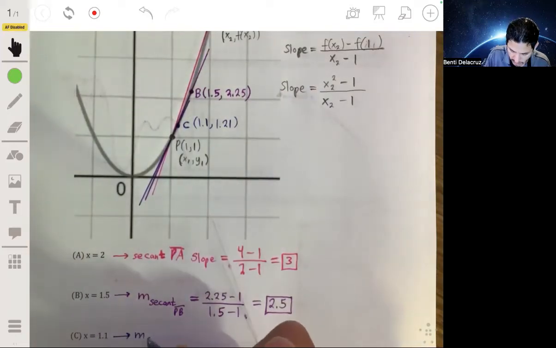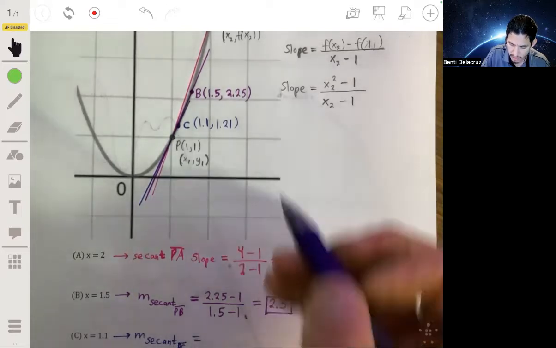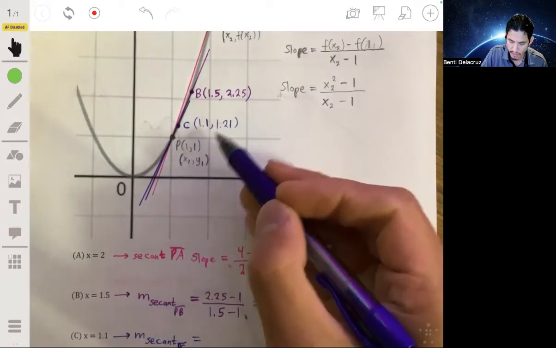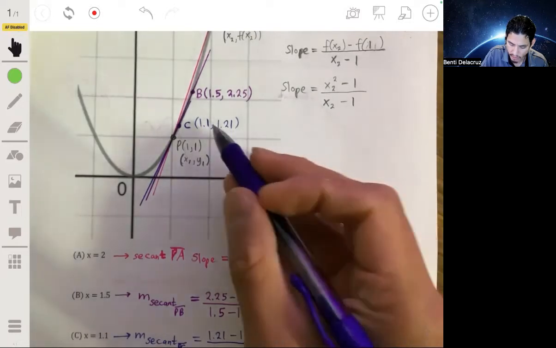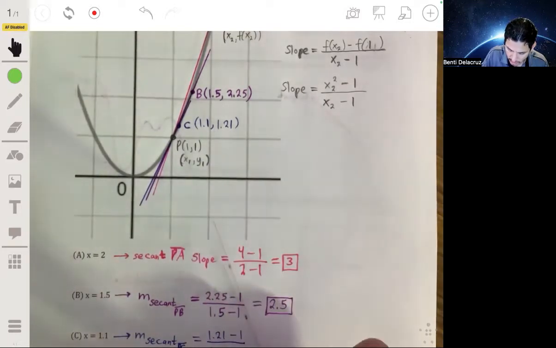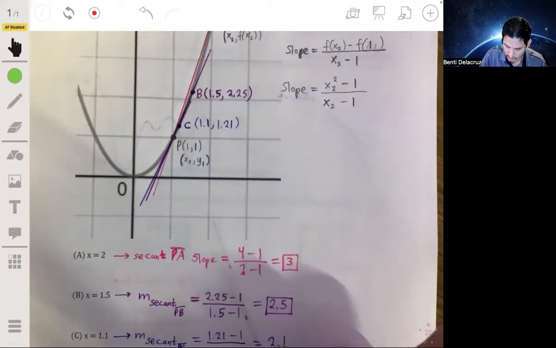And so the slope of this secant line, PC, will be 1.21 minus 1 over 1.1 minus 1. And we'll get 2.1.